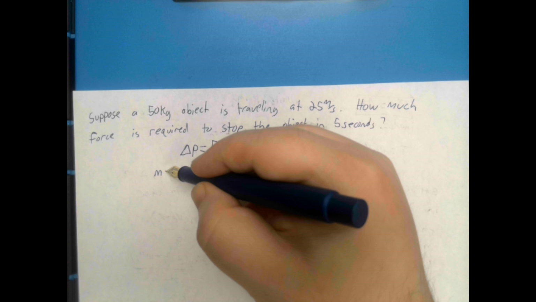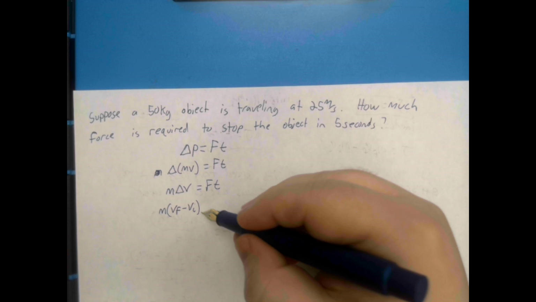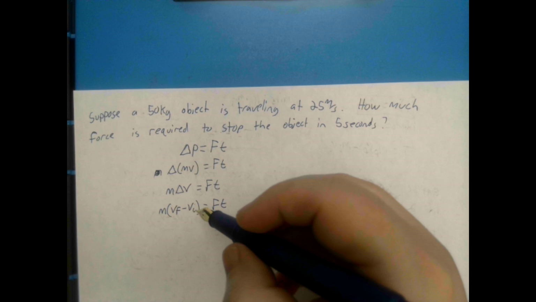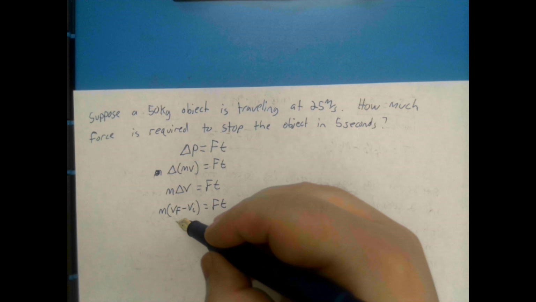So we have mass times change in velocity is equal to F times t, which is mass times final velocity minus initial velocity equal to F times t. And we can divide by t, and we get F is equal to mass times Vf minus Vi over t.